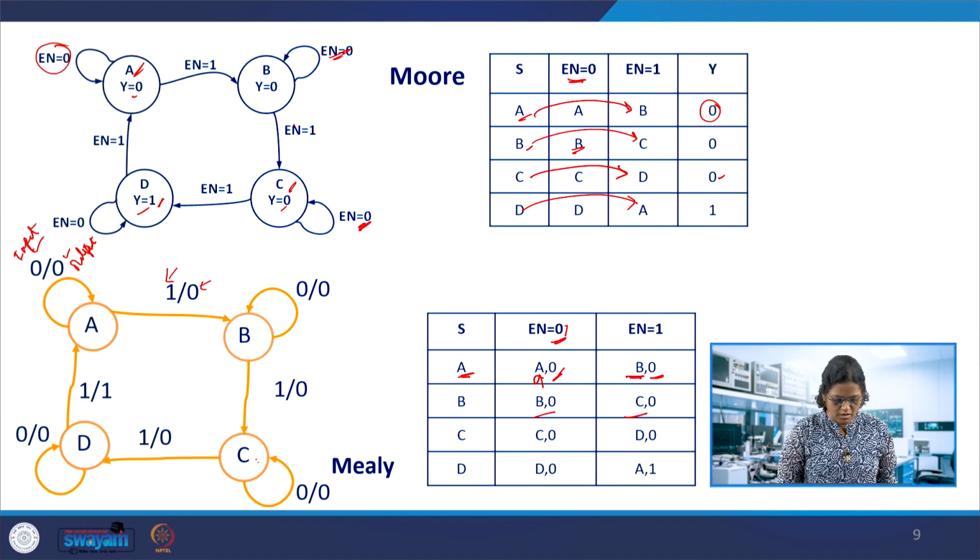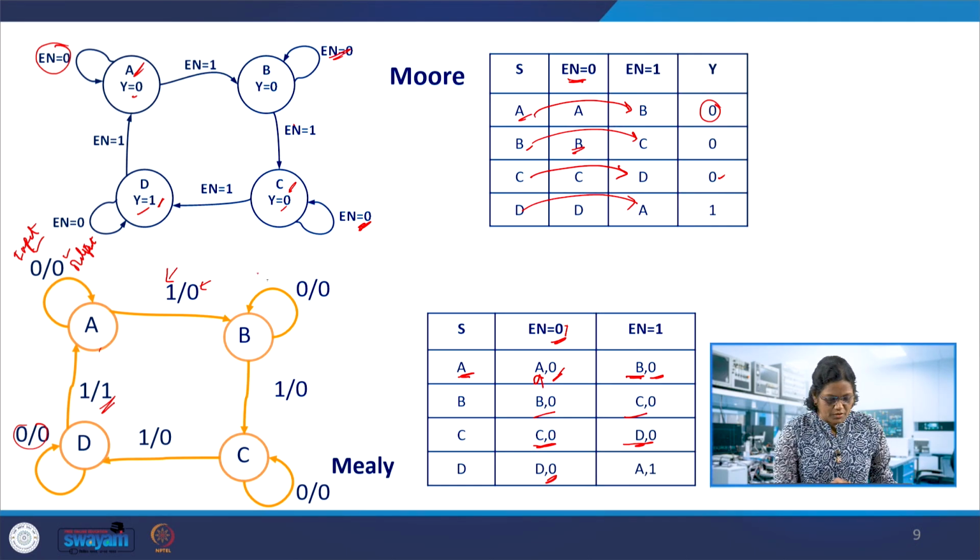At C, enable 0 makes it stay there, or it moves to D when enable is 1. At D again, enable 0 stays over here with 0/0, and when enable is 1, the output is 1, it's done, and it goes to the next state A.